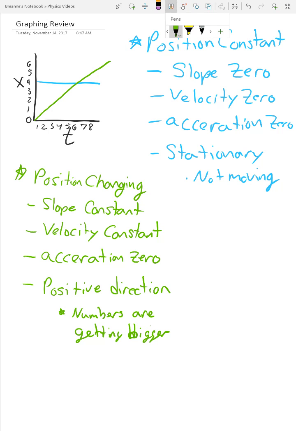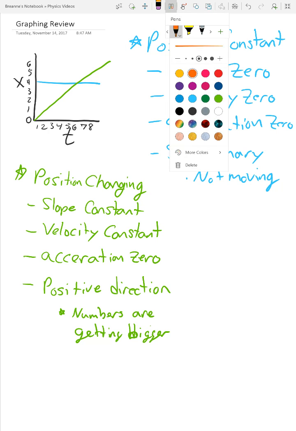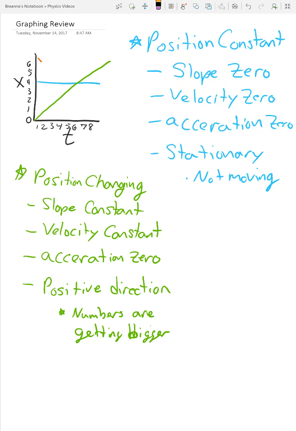So we have another potential one we have when our line is going diagonal down. So diagonal down, our position is still changing.